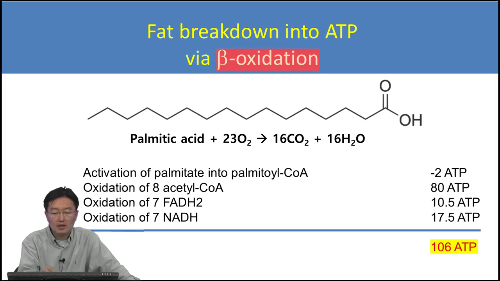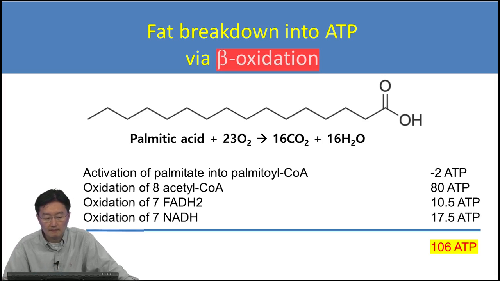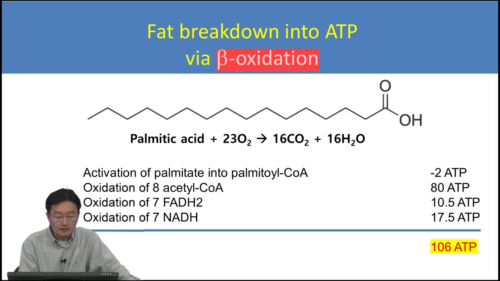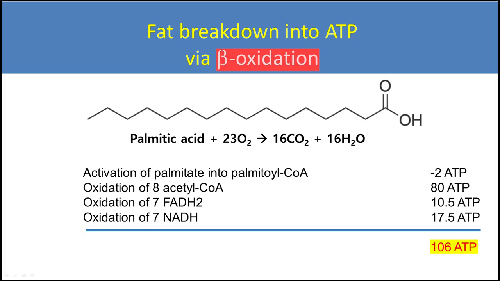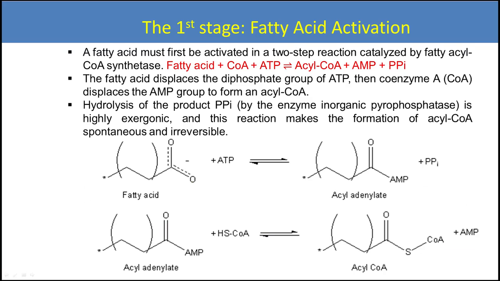This occurs through a specialized pathway called beta oxidation, and we can subdivide it into steps. In the very beginning, we consume 2 ATP molecules, so minus 2 ATP. It's kind of an investment and activation step. And then later on, 8 acetyl-CoA and the reduced electron carriers FADH2 and NADH can be generated. And out of this oxidation, total plus minus, we can produce over 100 ATP molecules.